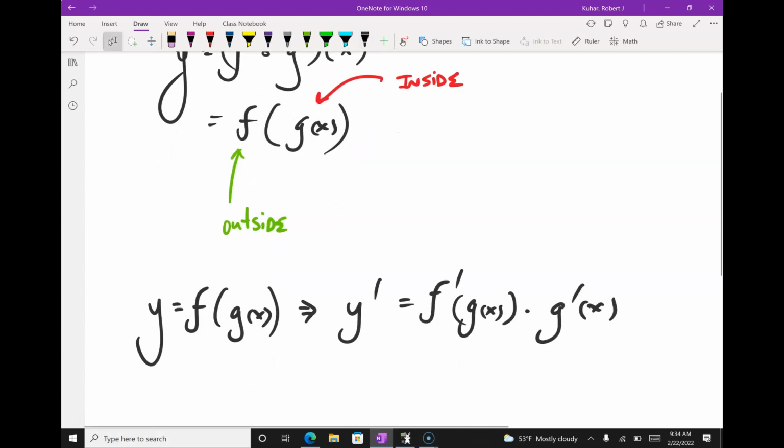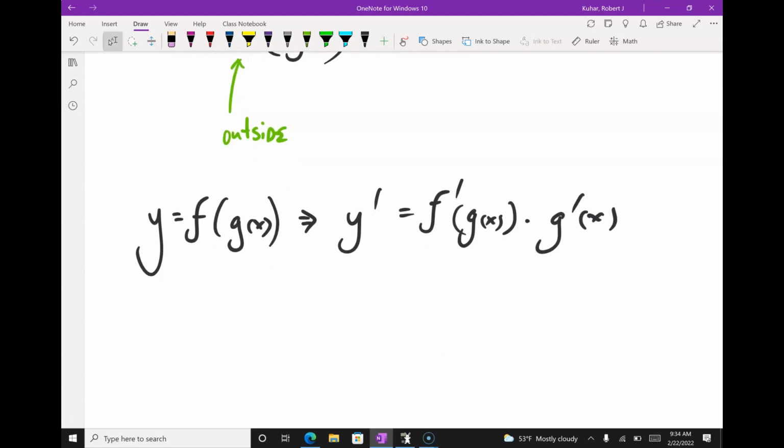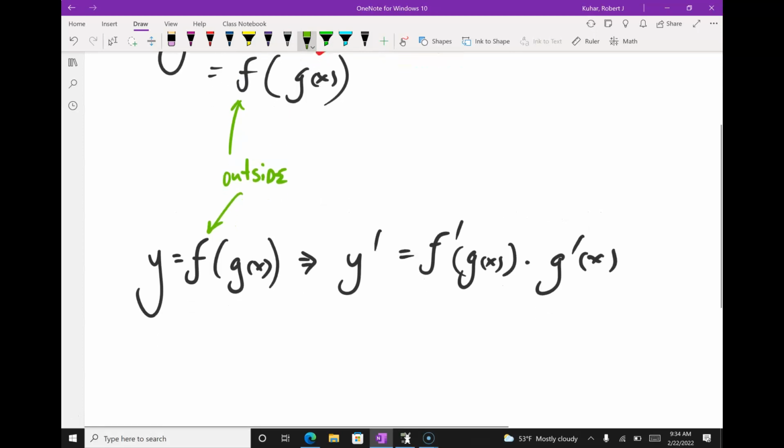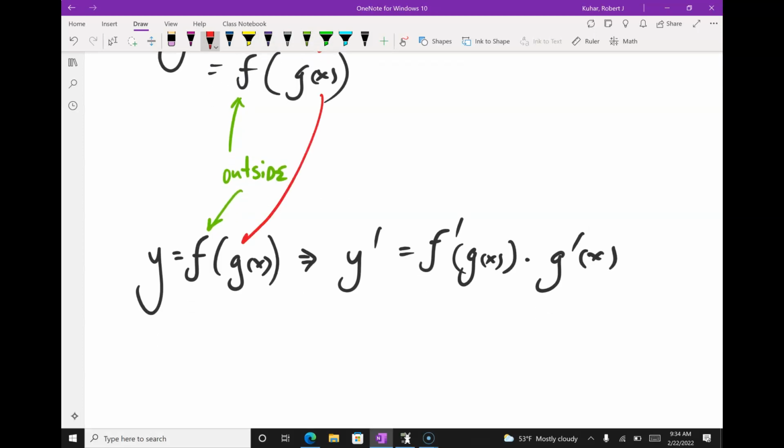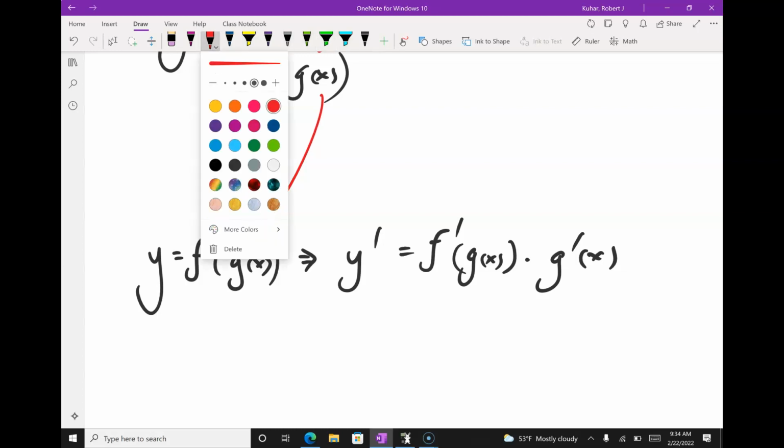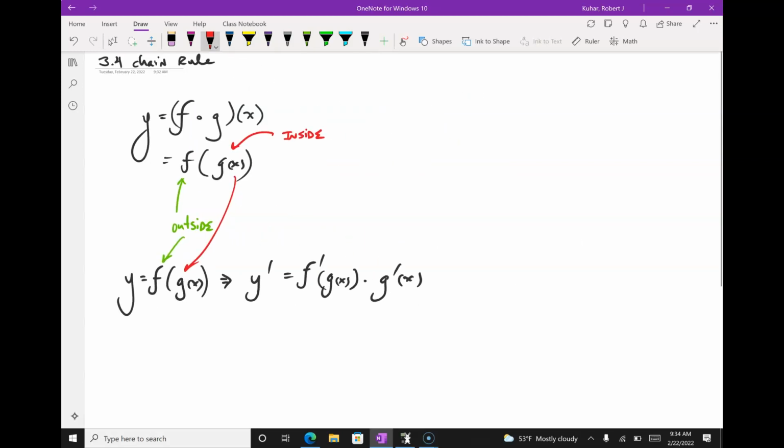So I can see my inside function, I can see the outside function, and I can see the derivative of the outside and the derivative of the inside, yes? But this one is still my inside function. What I had inside originally is inside the outside derivative, right?